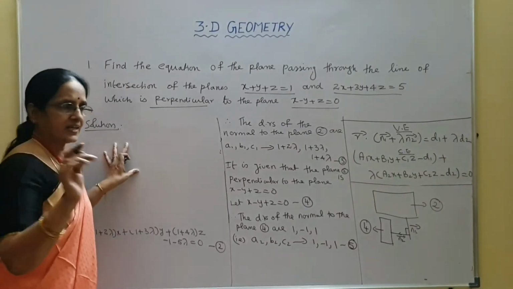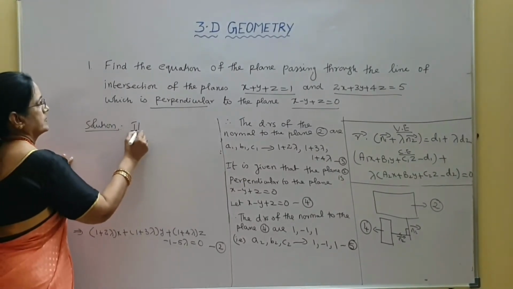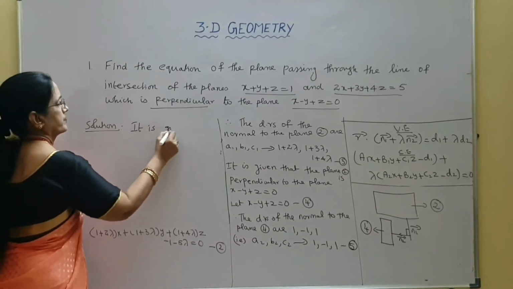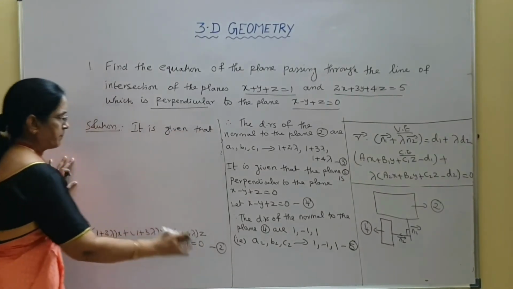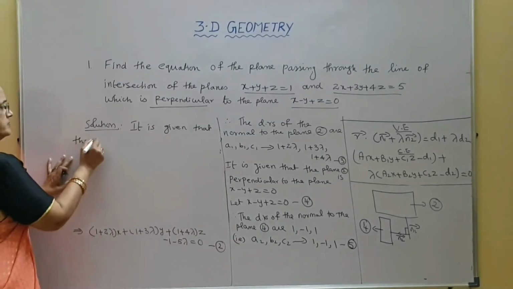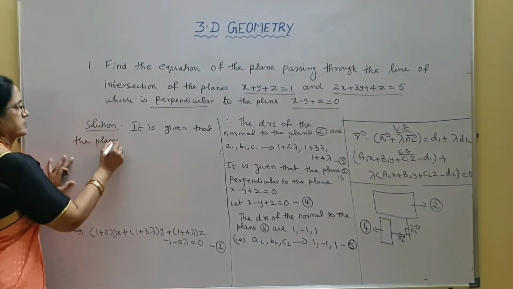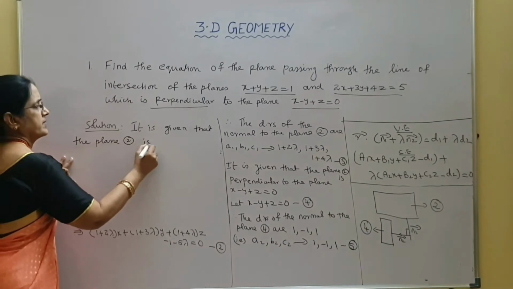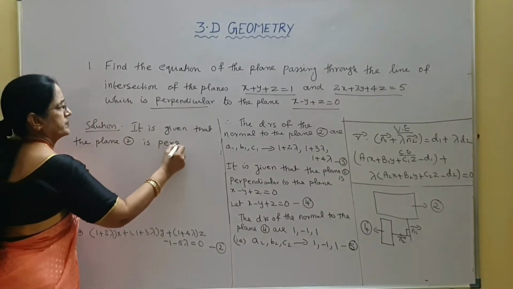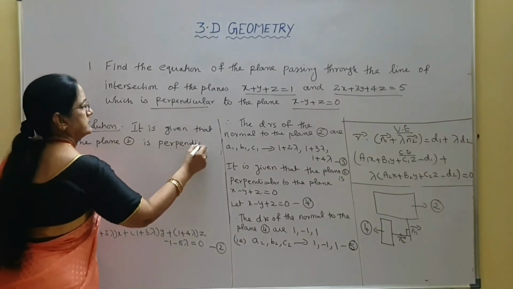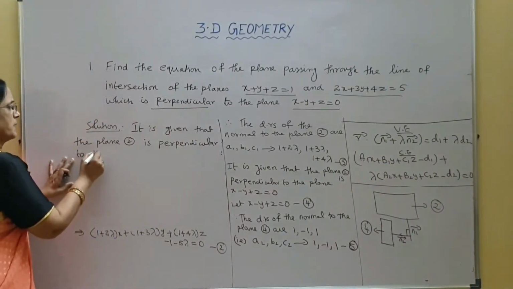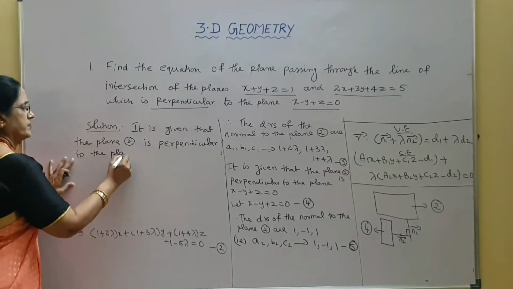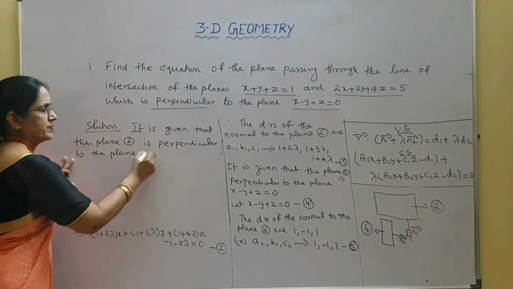It is given that the plane 2 is perpendicular to the plane 4.